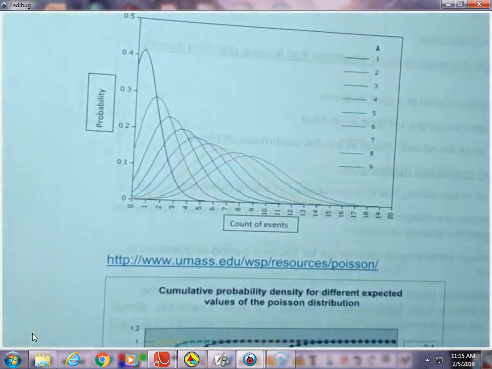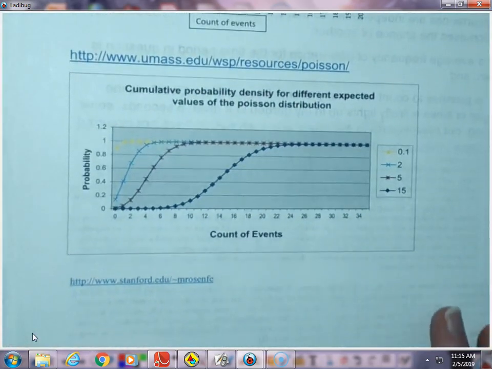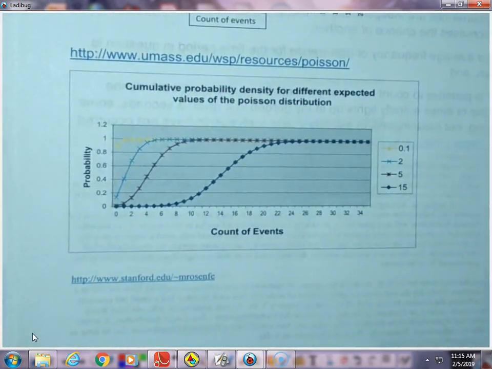Okay. And this is just a cumulative distribution. So they're adding up. So this is the probability of 2 or less when you look at this. And they have it for different averages. So these each represent the average that you're expecting. So if you expect on average to have 15 outbursts, then you have a pretty low probability of having 2 or less, 4 or less, or 6 or less.